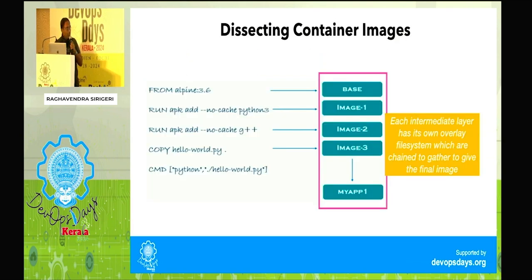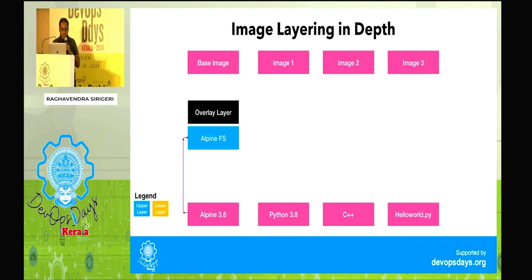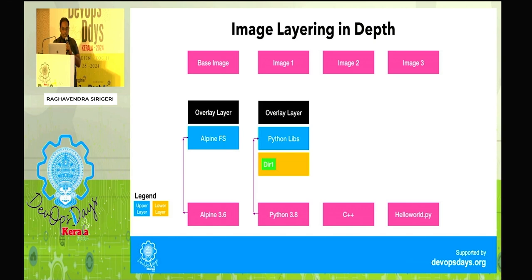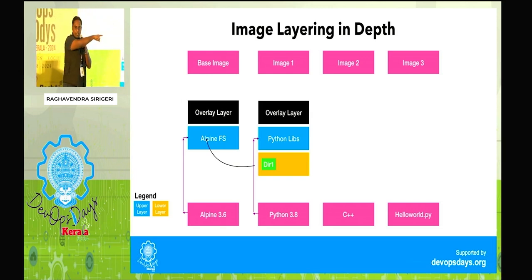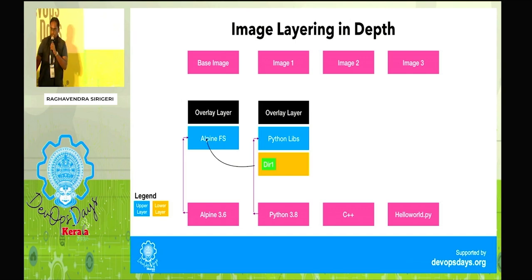So if you look at this, the first command is FROM alpine:3.6, and that is the base image that is here. What is happening in the next step is the Alpine file system that was in the upper directory in the first layer is going to move to the lower layer in the next image, and the upper layer will have the Python installation files as shown here.